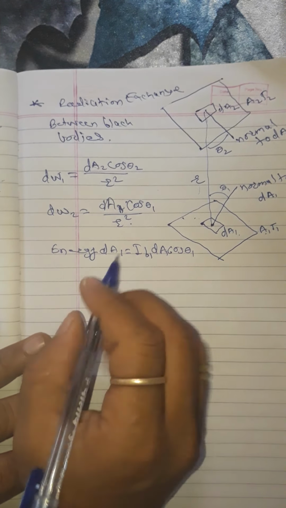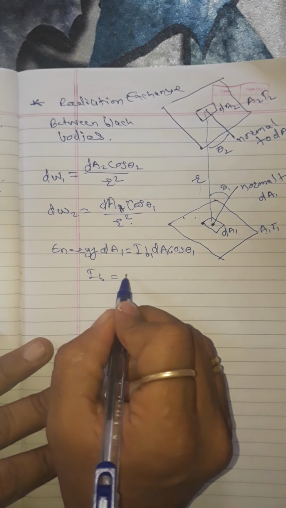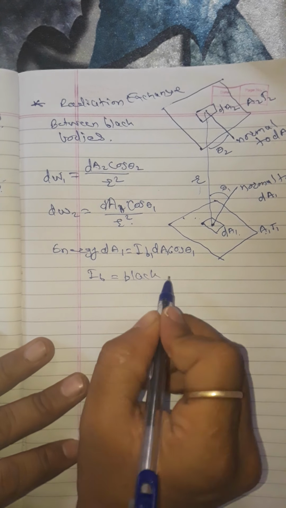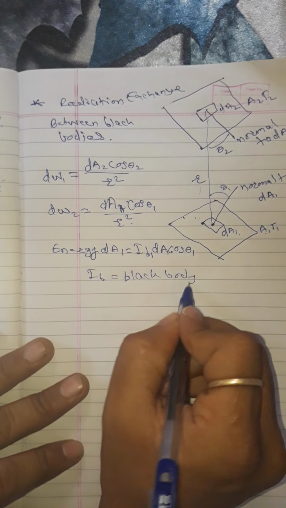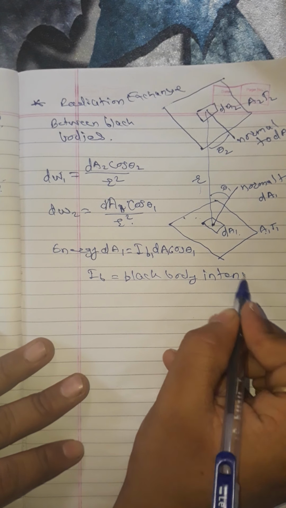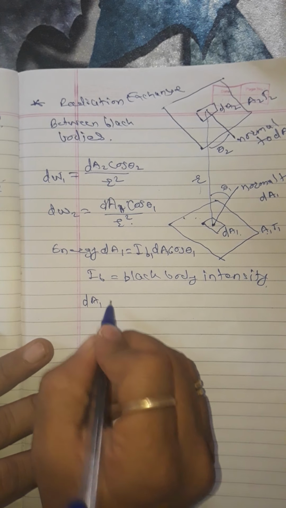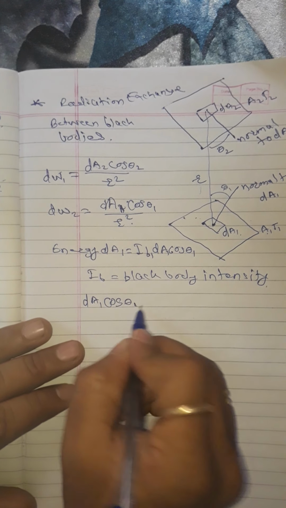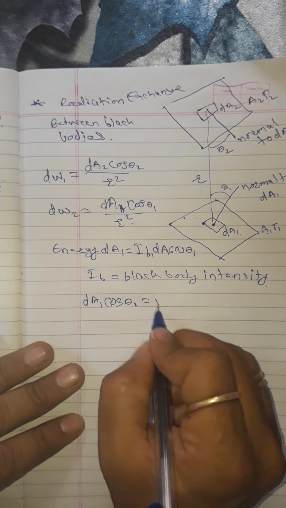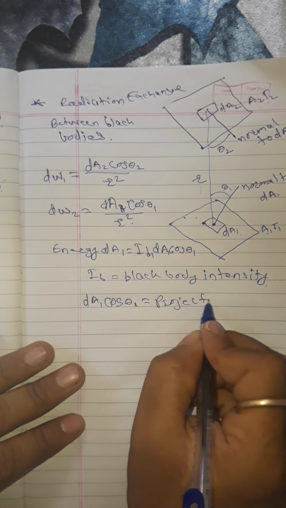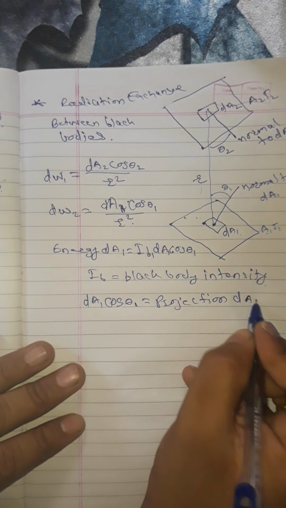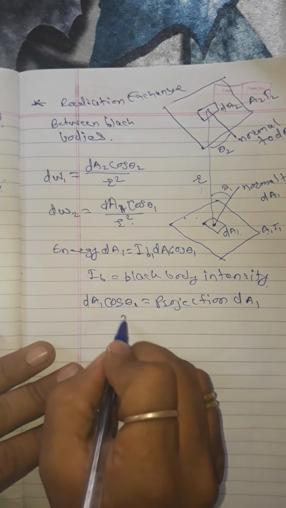Where IB is the black body intensity, and dA1 cos theta 1 is the projection of dA1 on the line between the centers.